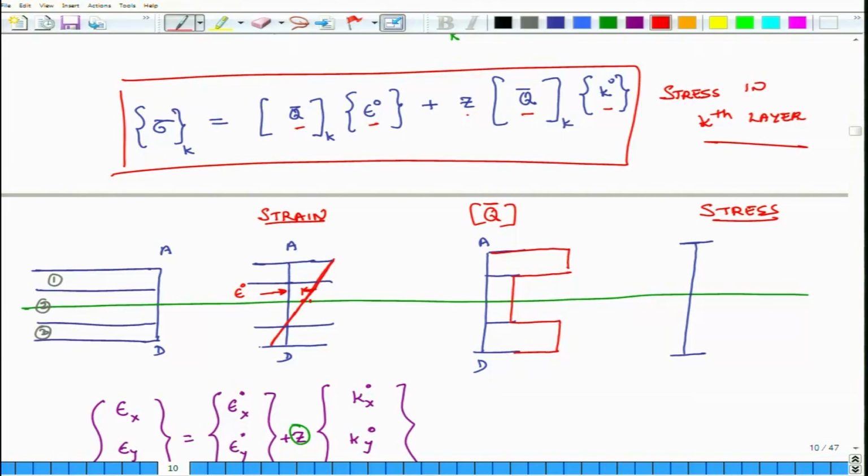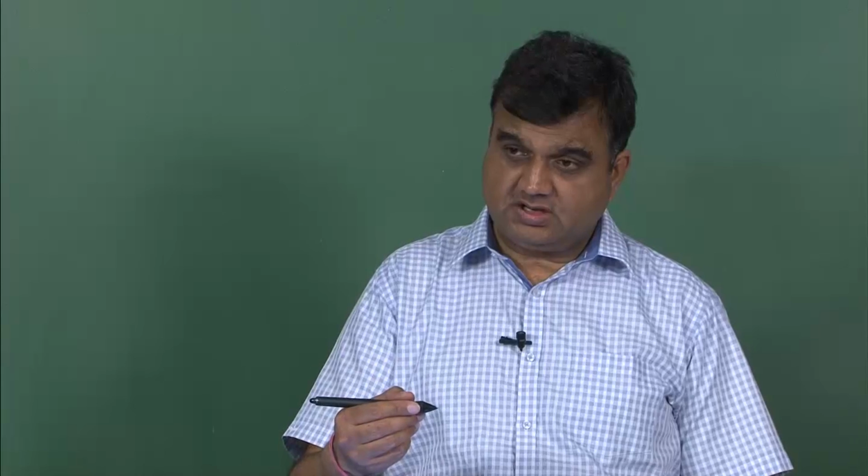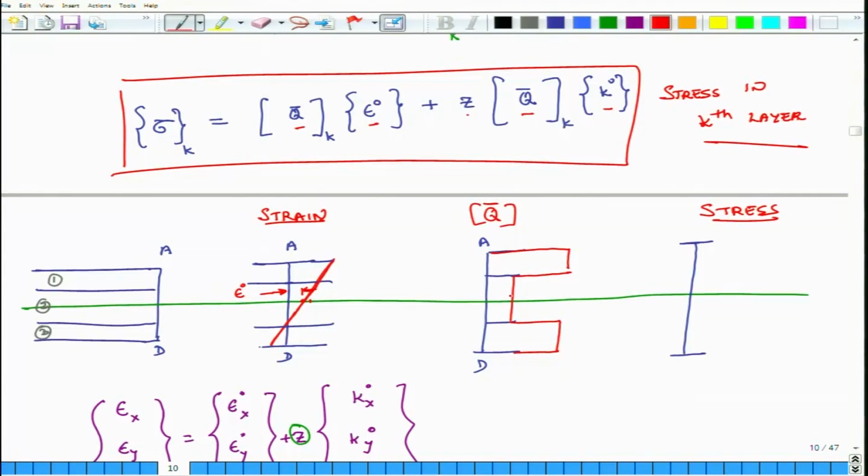Okay. So within a layer stress changes linearly, but as you move from one layer to other layer, Q bar changes abruptly because we have shown it here, and as a consequence stress jumps from one value to other value as you move from one layer to other layer.